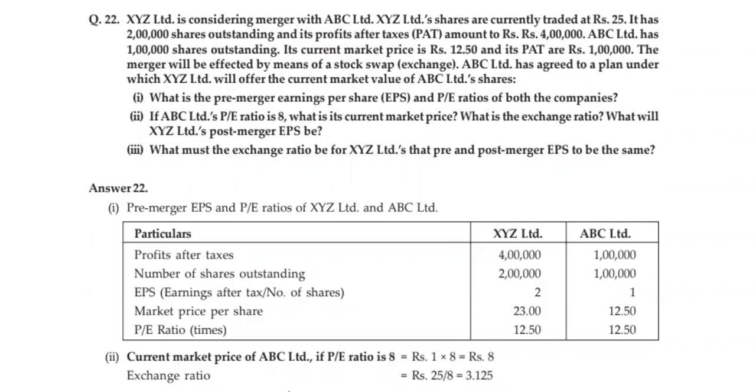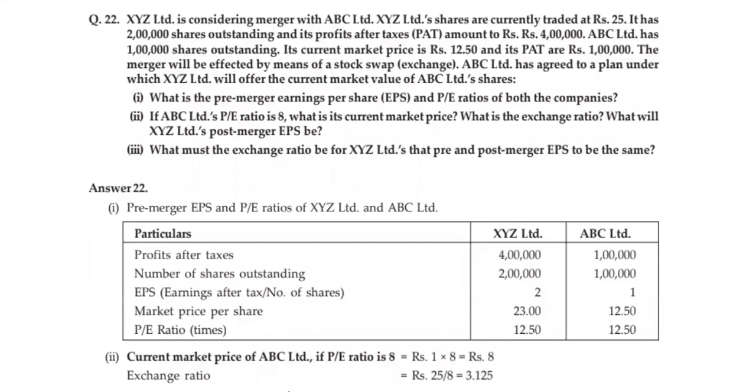Now the number of shares outstanding is 2 lakh for XYZ Limited, which is mentioned in the problem, while ABC's number of shares outstanding is 1 lakh.